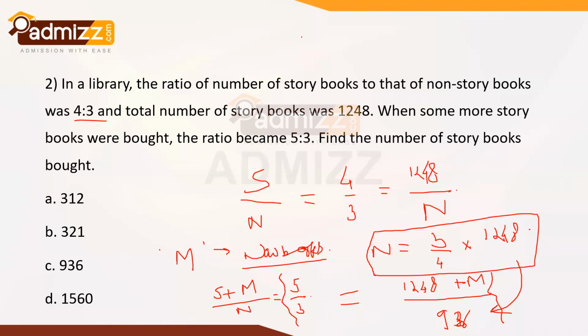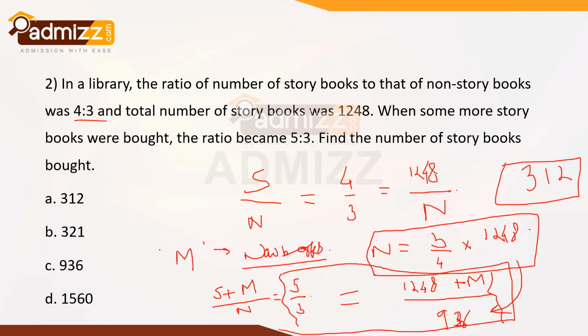So the answer in this case turns out to be 312, right? You simply compute this, cross multiply these two ratios and then find out the answer.